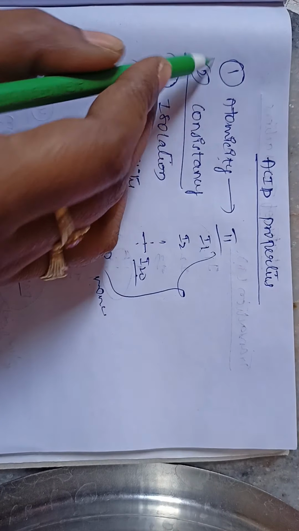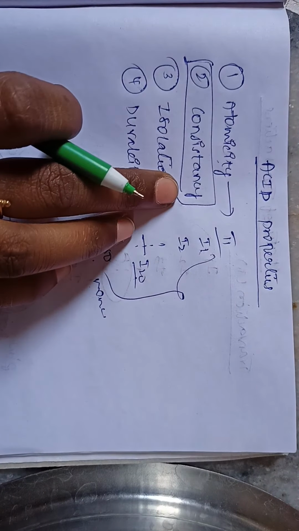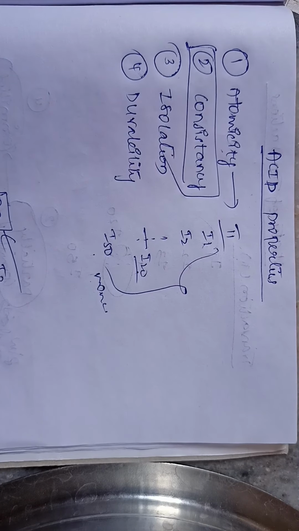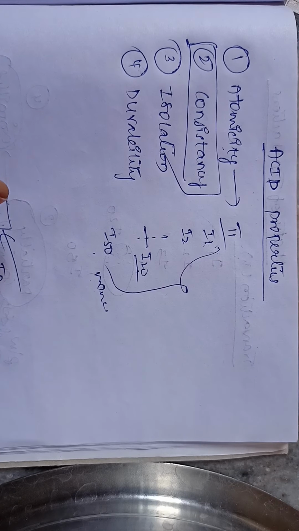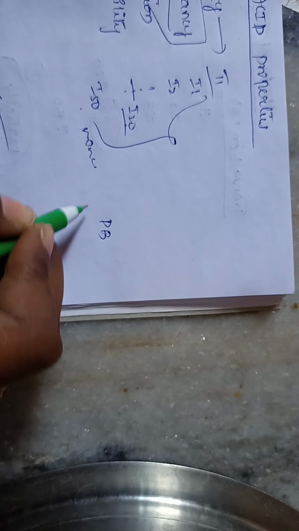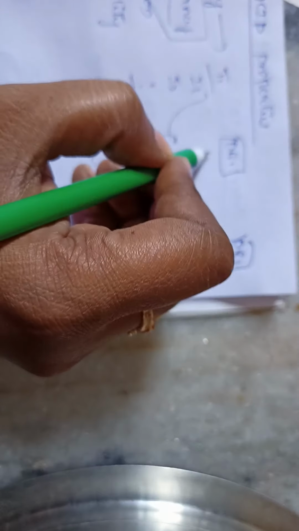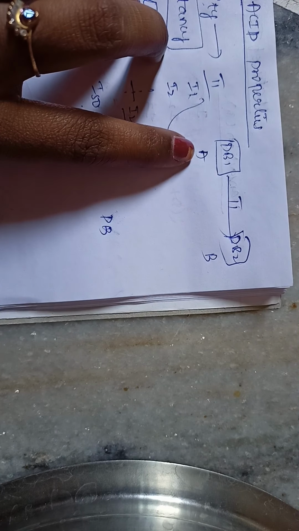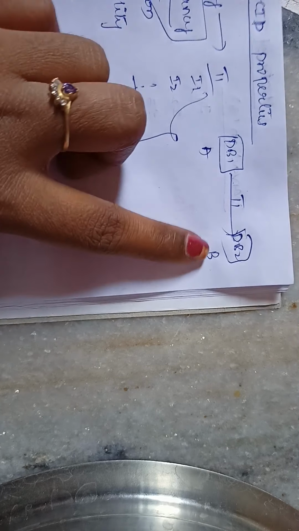And the last and final, the hero of your ACID properties, is consistency. You know the meaning of consistency: everything has to be done perfectly, even with multiple transactions. Suppose I'm taking a database one and a database two. For example, there is a person A who wants to give some money, 100, to B. Before doing the transaction, these are in a consistent state.